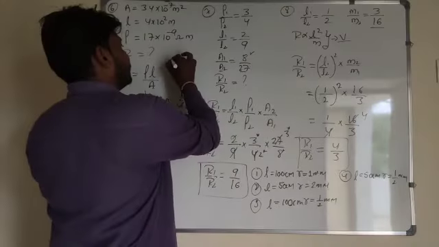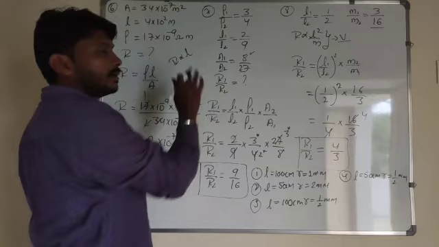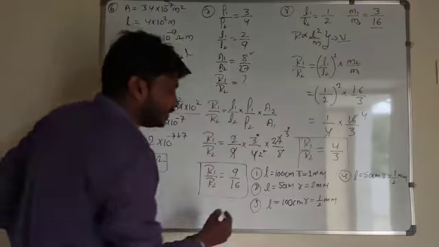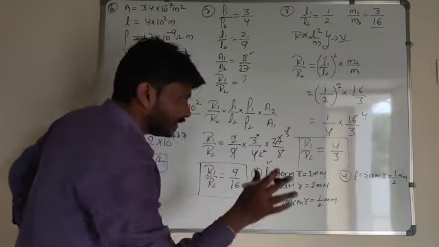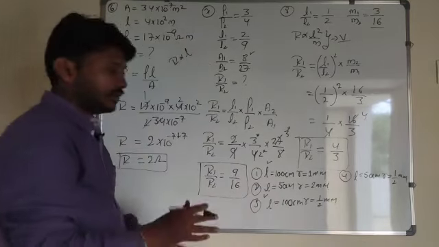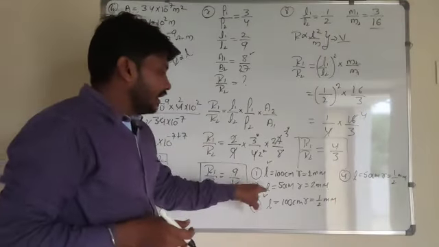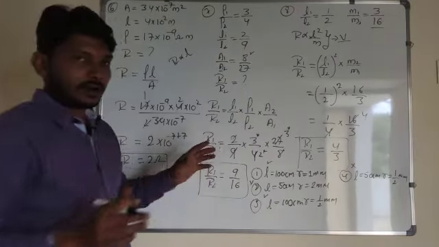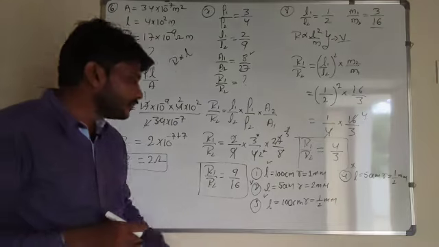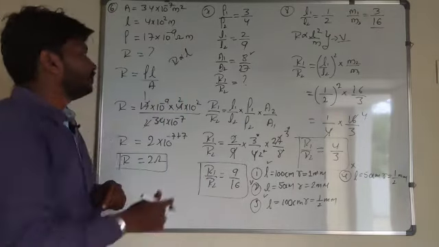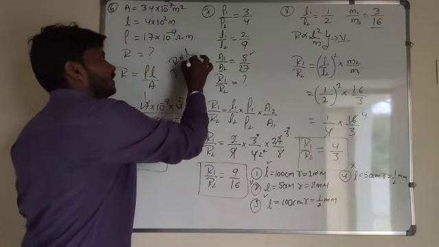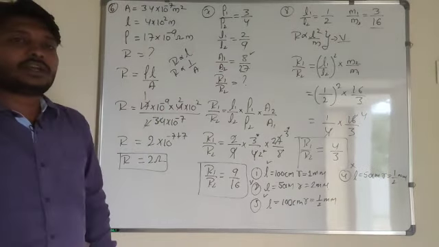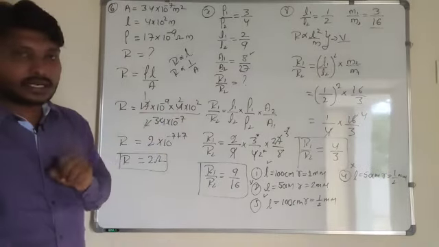So I know the basic thing, resistance is directly proportional to length. Out of 4 wires, which wire has the greater length here? This is 100 centimeter, this is 100 centimeter. Look at here, length is short in the others, so fourth and second options are not right. So out of these, first and third option. Resistance is inversely proportional to area, area means pi r square.